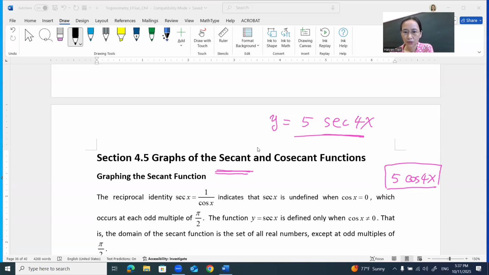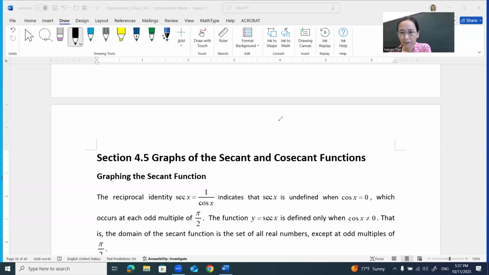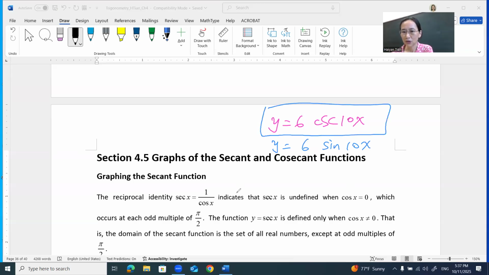So if you want to find the graph of 6 cosecant, for example, you can try to graph the sine function first. And once you get the graph of the sine function, then you can easily get the graph of the cosecant.